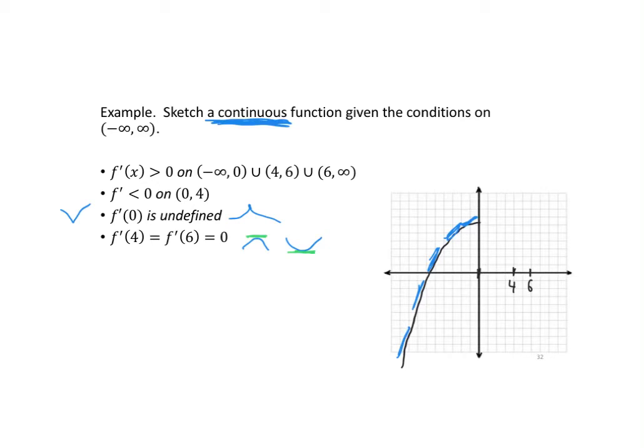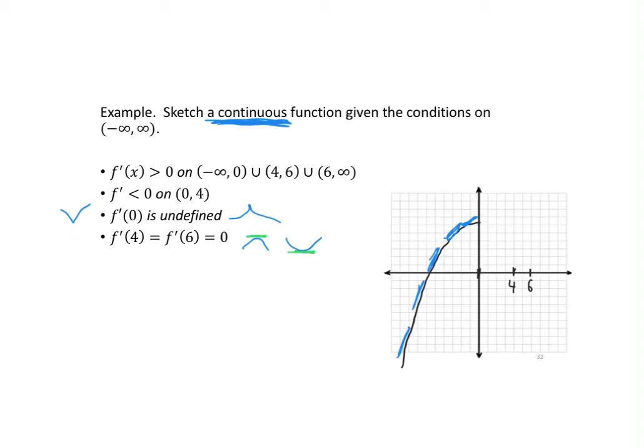So let's see. What's happening between 0 and 4? Well, between 0 and 4, the derivative is going to be negative. And what that meant was the slopes of the tangent lines will all be negative. And I have to remember to make a corner at x equals 0, so something that looks like one of these.